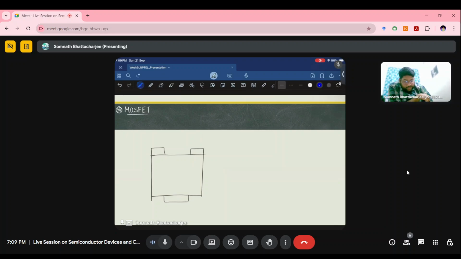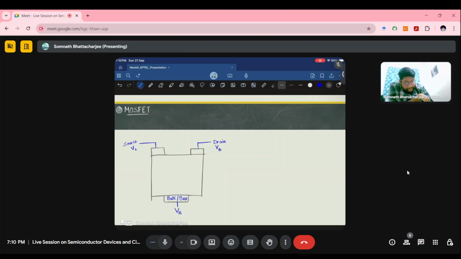Now for a transistor, this thing is called the bulk or the base contact, and this is known as VB, VB for bulk and base both. Now these two terminals are very identical terminals, so they can interchange with each other. So I can just name it the source terminal and this the drain terminal. The voltage is VD or VS.